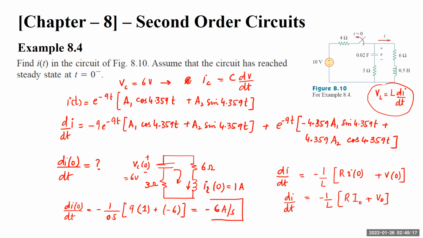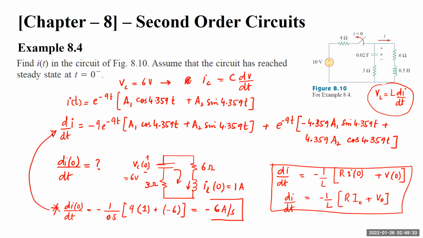No, you have to use this particular equation to evaluate this value. So now you have this rate of change with you, and you plug this value into this differential equation.